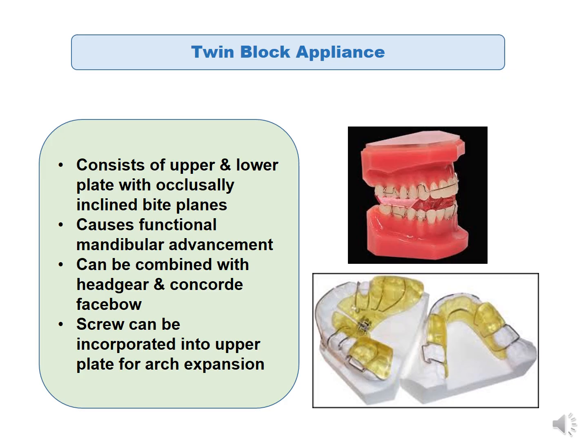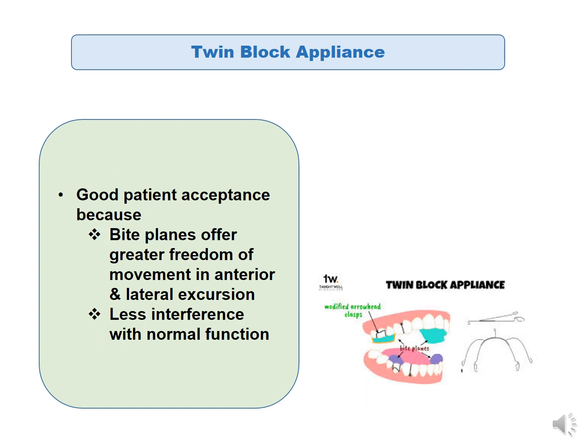Screws can also be incorporated into the upper plate for arch expansion. The twin block appliance enjoys good patient acceptance because the bite planes offer a greater degree of movement in anterior and lateral excursion, and there is less interference with the normal oral functions.